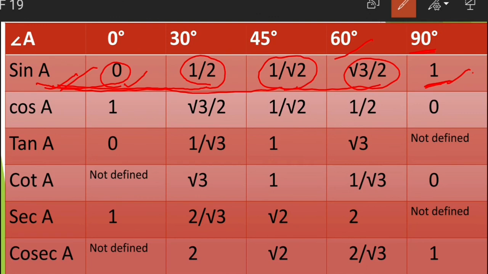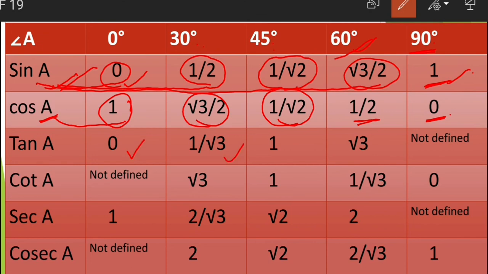Similarly cos 0 degrees is 1, cos 30 degrees is root 3 by 2, cos 45 degrees is 1 by root 2, cos 60 degrees is 1 by 2, and cos 90 degrees is 0. And tan 0 is 0, tan 30 is 1 by root 3, tan 45 degrees is 1, tan 60 degrees is root 3, and tan 90 degrees is not defined.